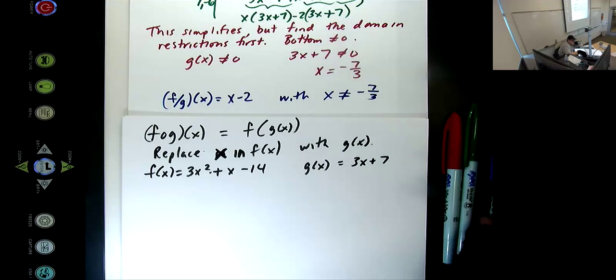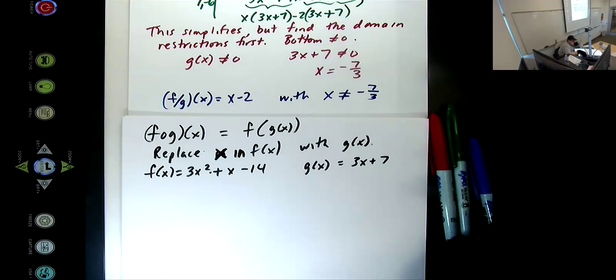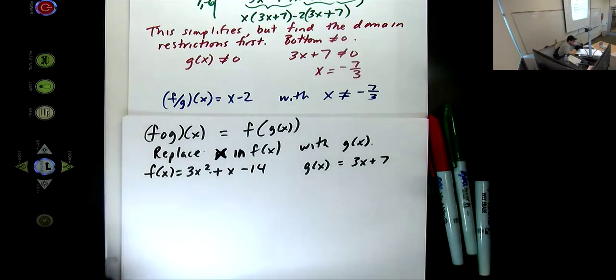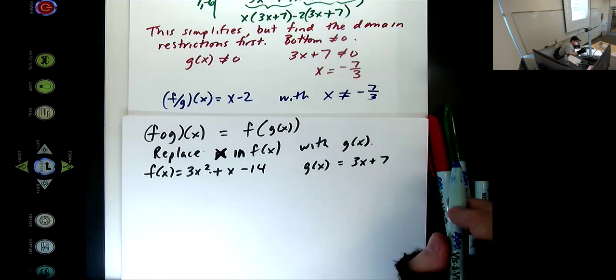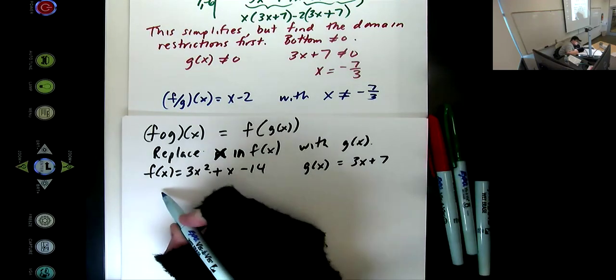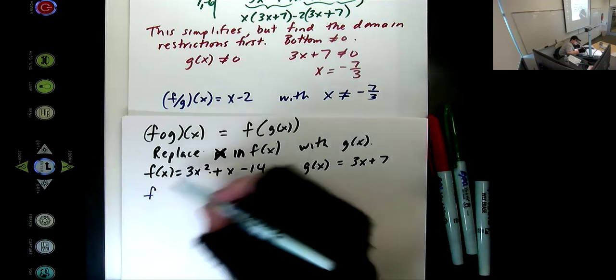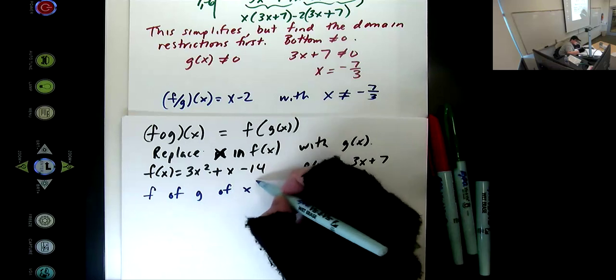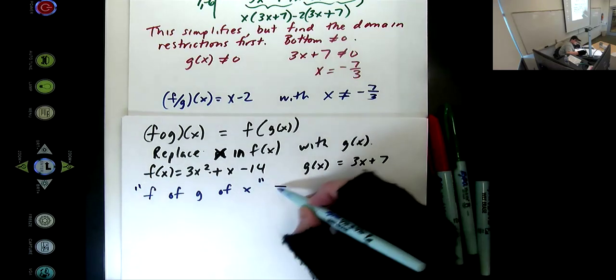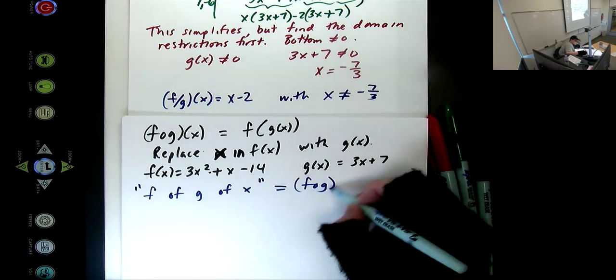So this notation actually doesn't save writing, it actually makes more writing. So if I want to do f, and we say f of g of x, that is how that is read.